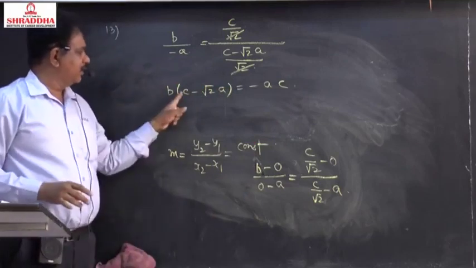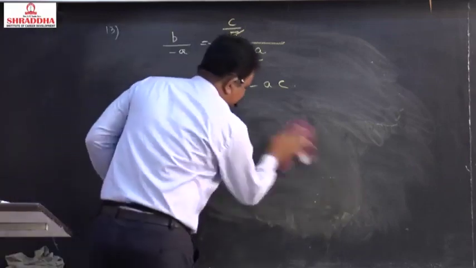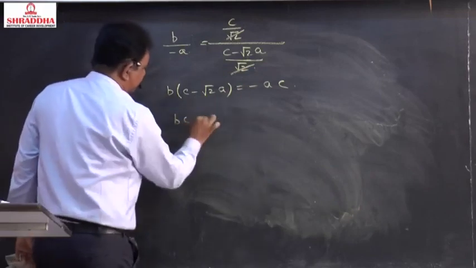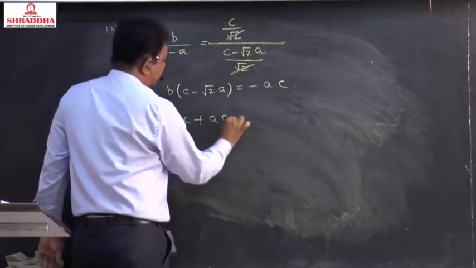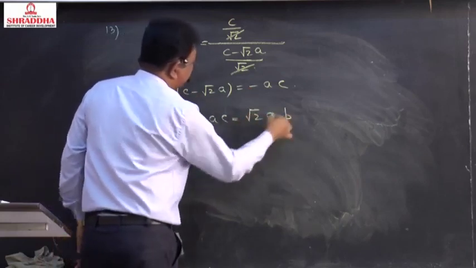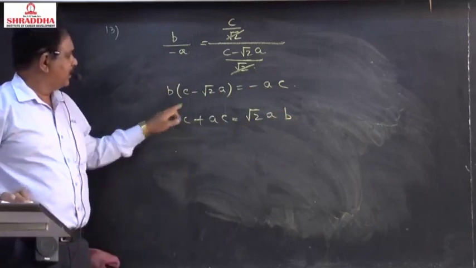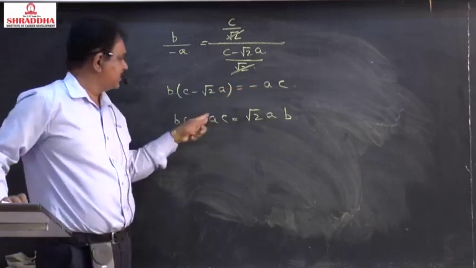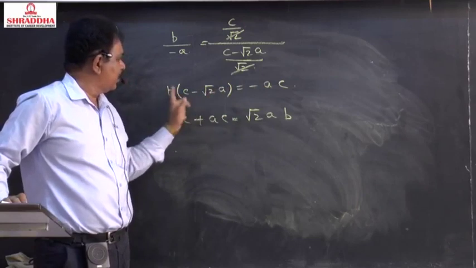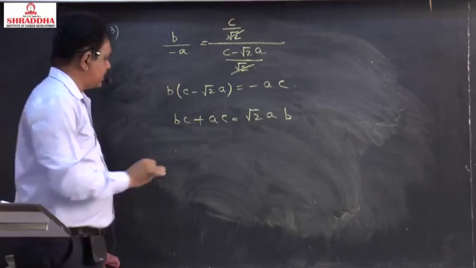We need the c value. So keep bc here, bring ac to this side, and the minus root 2 ab to the other side. Clear understanding? bc minus ac, I brought to this side plus ac, minus root 2 ab, gives root 2 ab. Here you take c common.